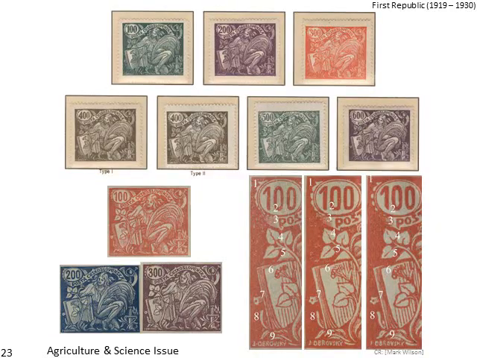Another definitive issue was the beautifully engraved Agriculture and Science set of 6 values in 2 major designs, each with 2 perforation varieties, the second design set with 3 type varieties. The top 2 rows show the first design with both types of the 400 Heller value.